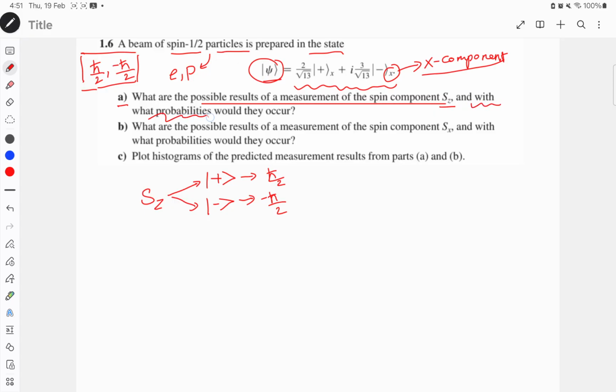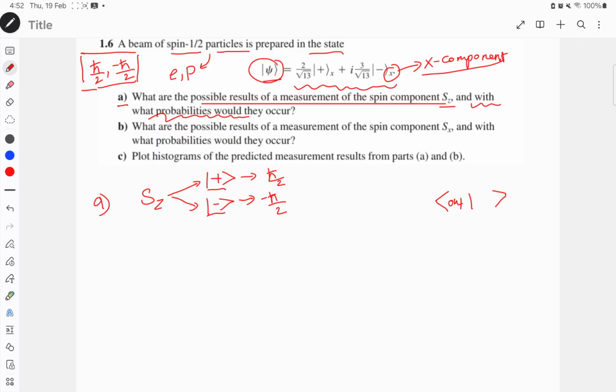And with what probabilities would they occur? The probability is the square of the inner product. So what is the inner product? Here we will write what we want: what's out, and what's in.